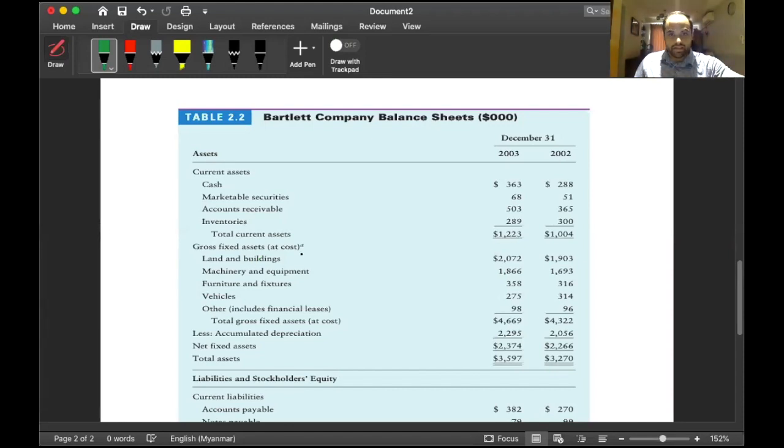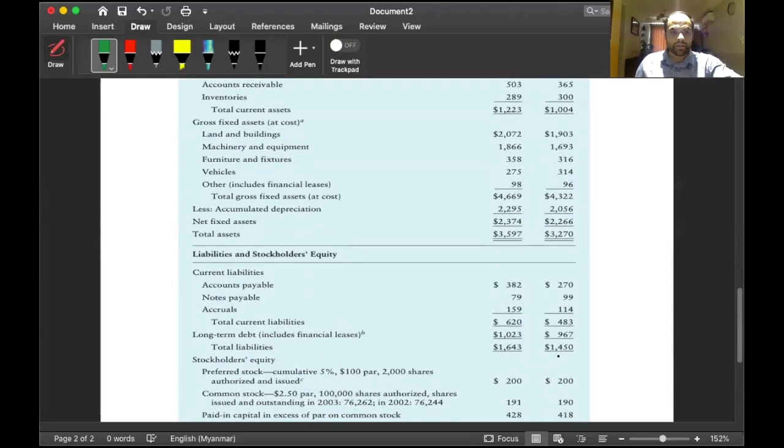These are the cost values, and then we have depreciation, which is 2295 and 56. Then we get net fixed assets. Net fixed assets plus current assets is your total assets, which is 3597 and 3270.